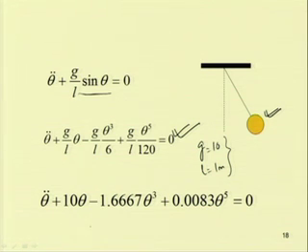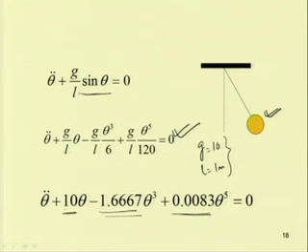Looking at the coefficients: the coefficient of theta equals 10, the coefficient of theta cubed equals 1.6667, which is almost 10 times less than the linear coefficient, and the coefficient of theta to the power 5 is 0.0083, which is almost 1000 times less than the linear term.